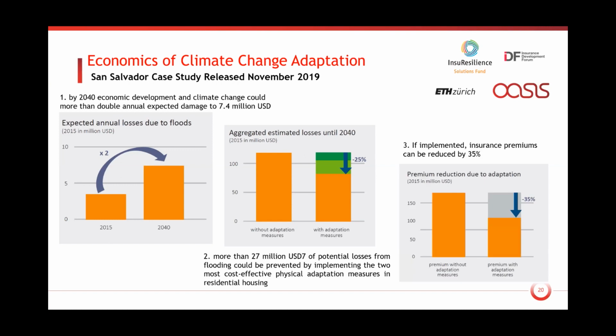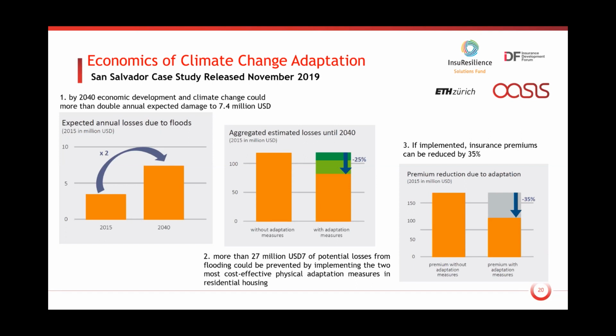We can show that if those adaptation measures were implemented, it would also have the impact of reducing insurance premiums. Now, of course, as we've seen through the model, the output of the model reflects the risk, and it reflects the combination of the hazard and the vulnerability and the existence of any adaptation or protective measures such as flood defences in estimating what the losses will be.